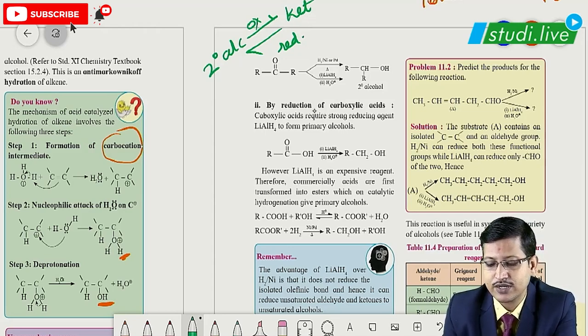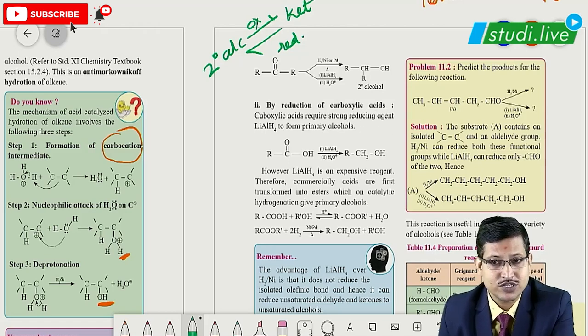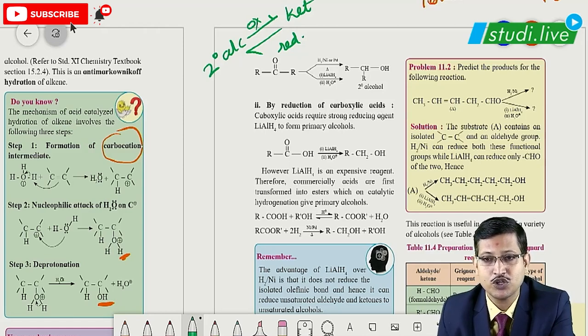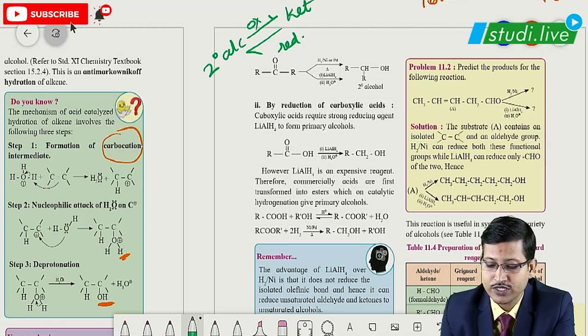The next reaction is reduction of carboxylic acid. The reduction of carboxylic acids requires a strong reducing agent. Just now what we were adding was H2, molecular hydrogen, in presence of nickel, platinum or palladium. They are called mild reducing agents. So here they have a strong reducing agent and it will give you the formation of primary alcohols.